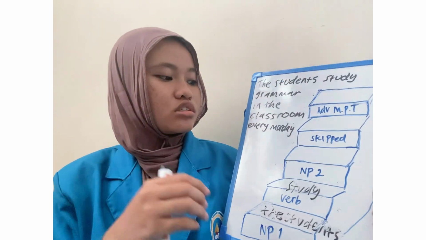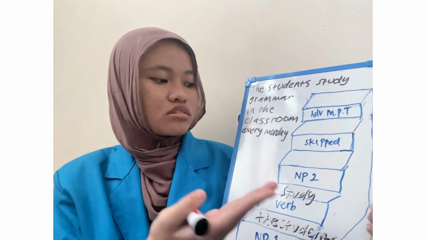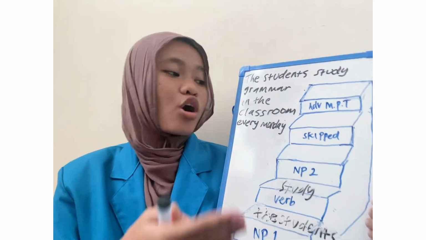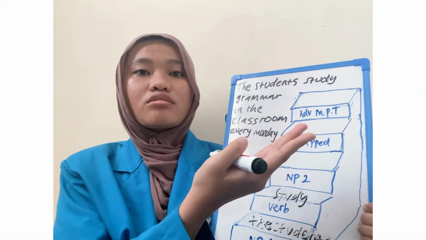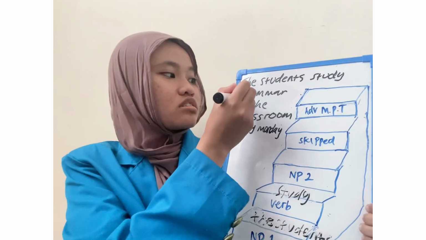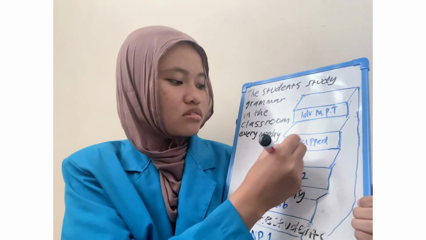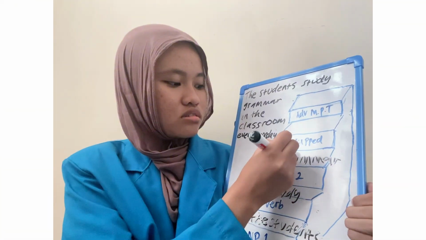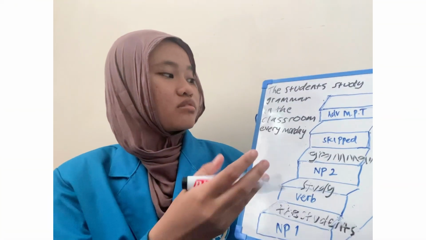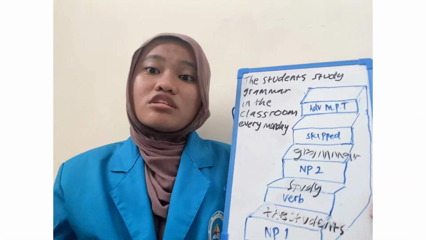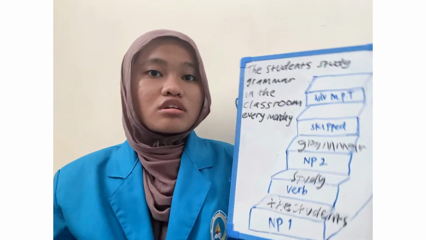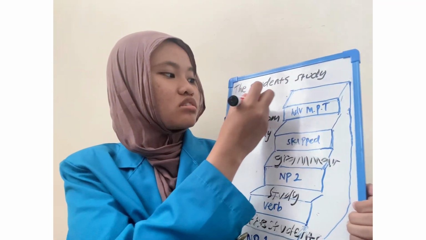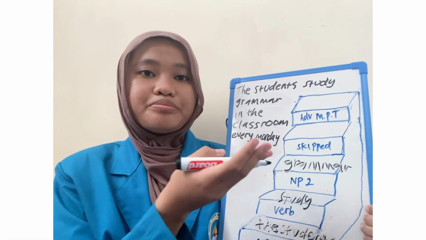Now we move to stair 3, which is NP2. NP2 means the object of the sentence. The object is grammar. The students study what? We study grammar.